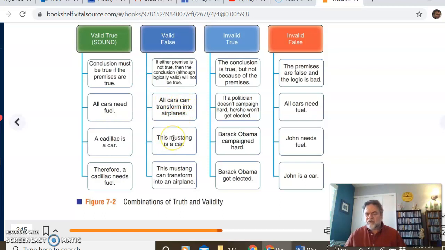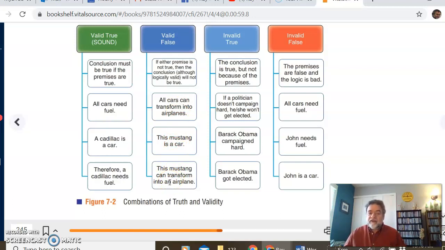This Mustang, by the way, the editor missed that. It wasn't my friend's fault. That should be capitalized. This Mustang is a car. This Mustang can transform into an airplane. The reason this is valid, not true, is because this statement, if it were true, is the answer you must have.